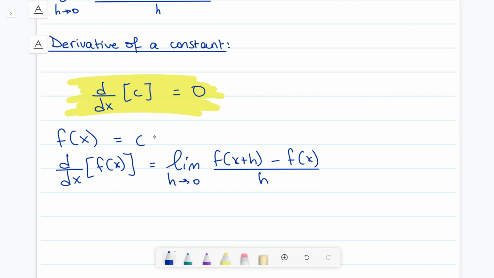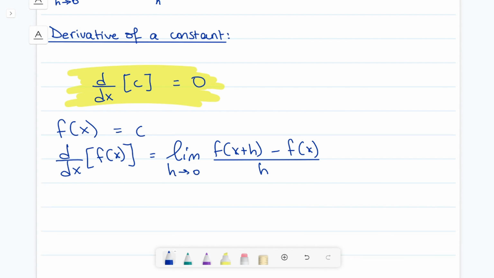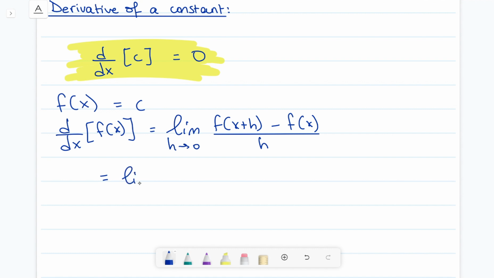There is no x involved in the function. It's just a constant c. So whether we are dealing with f of x plus h, f of x, or f of something else, f of anything will be c. So this limit is equivalent to the limit of c minus c divided by h as h approaches 0.